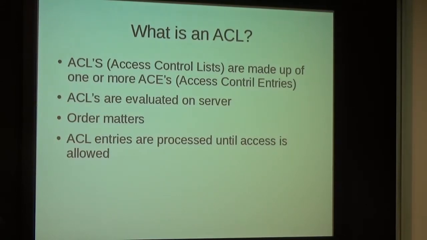So the order does matter. They're evaluated on the server. So if you're mounting a share from a client, no matter what the client thinks, the server has the final say. And that's all there is to it.